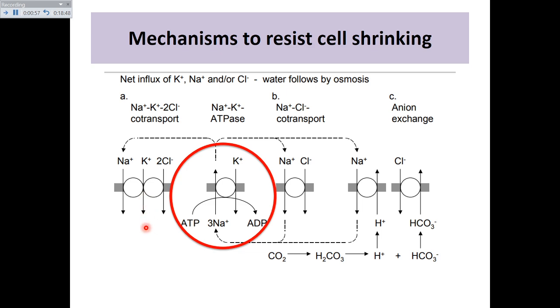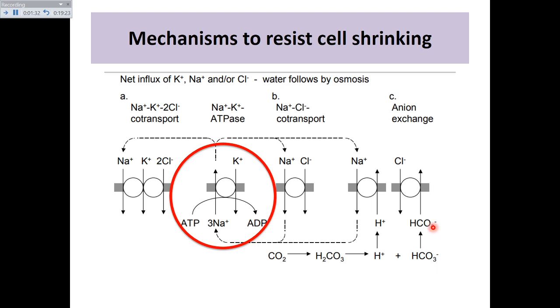Why is entering of the solute to the cell important? For water to follow to prevent further shrinkage. This is the most important one during cellular shrinkage, of course, after Na-K ATPase. Another co-transporter is NaCl, which brings in solute. Another one is Na-H exchange, where H goes out.